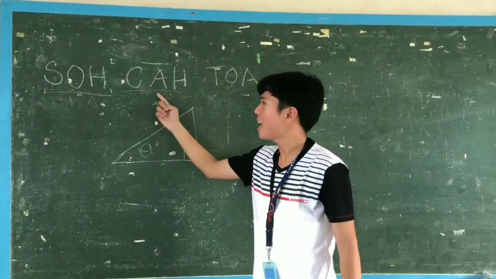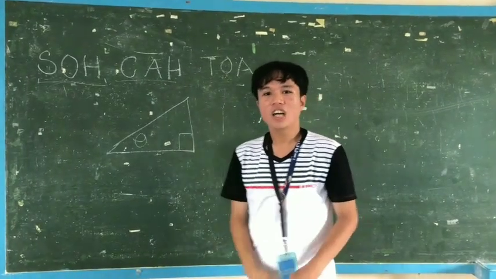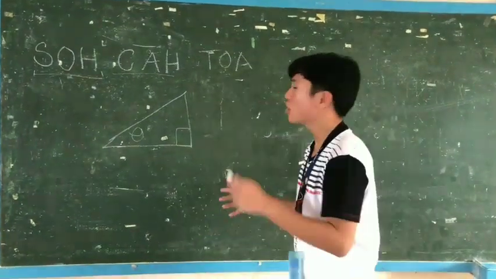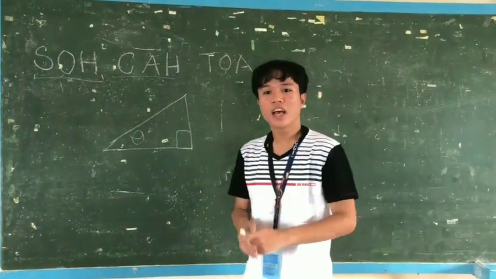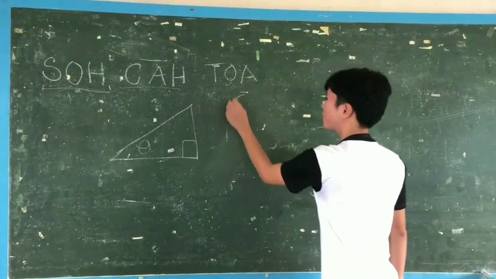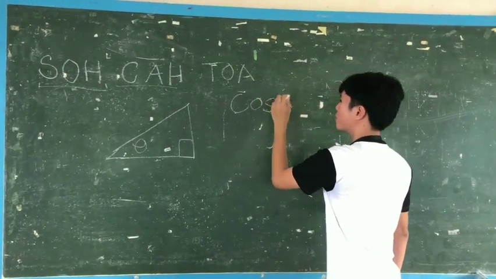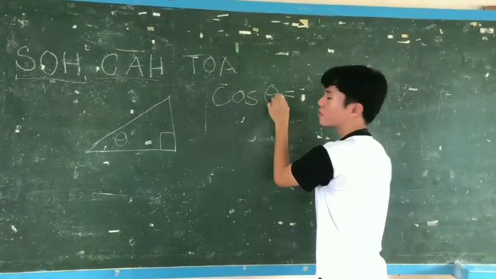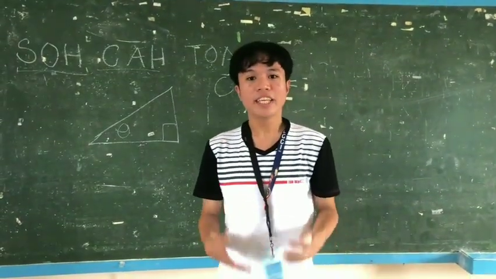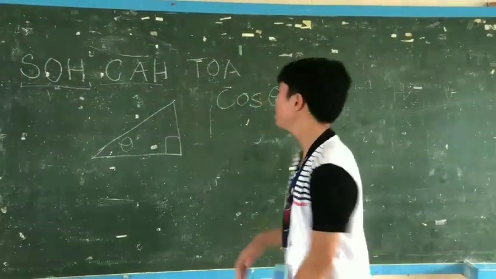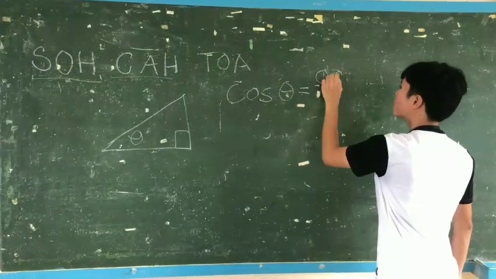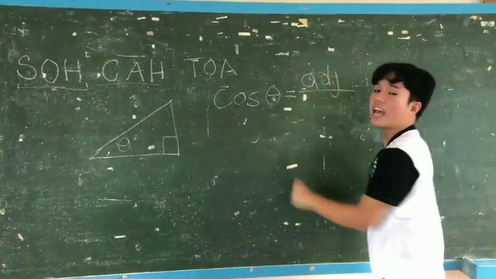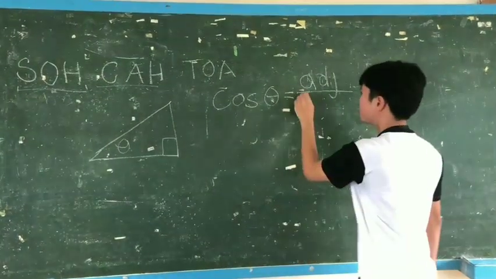The CAH. This usually means the cosine ratio, which implies the cosine ratio deals only with the adjacent and the hypotenuse.